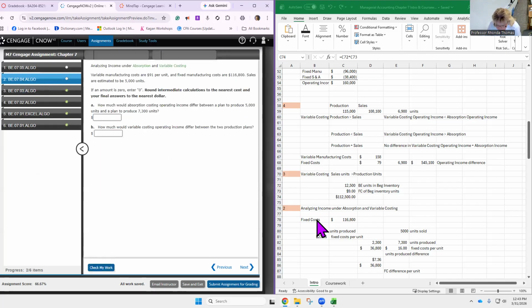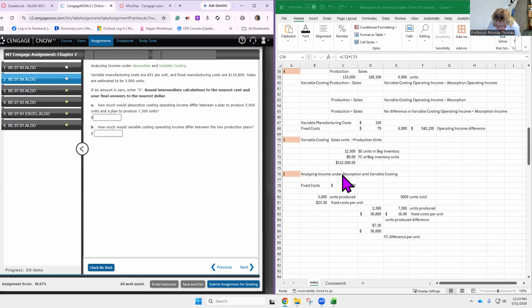Okay, now let's go to number 2, analyzing income under absorption and variable costing. This is kind of a tricky one. There's 2 ways to get your answer. Let's put down what the fixed costs are. Okay, I got 116,800. My sales units is estimated units sold, estimate, that's fine, is 5,000.